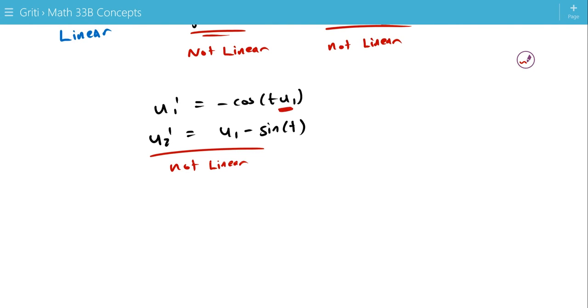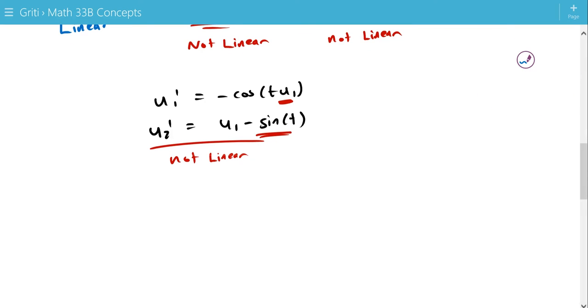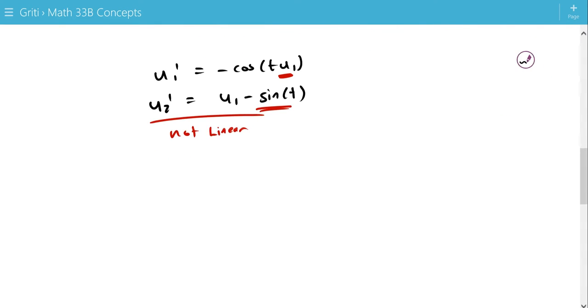Because this u is inside cosine, which is a higher order function. This sine t is actually okay because time is considered a known quantity, so it's okay if that's being put through a higher order function. So examples of things that are linear, we'll go get more of those. x1 prime equals negative 2x2, and x2 prime equals 3x1 plus 4.